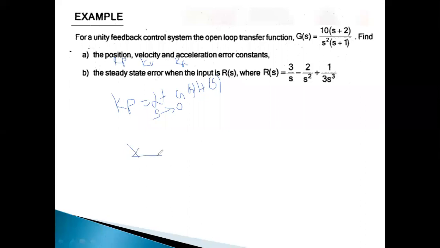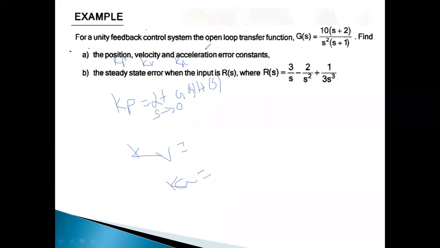Similarly, when the input is unit ramp, that is Kv. When the input is unit parabola, you will get the acceleration error constant. We can directly find out these values using the formulas.